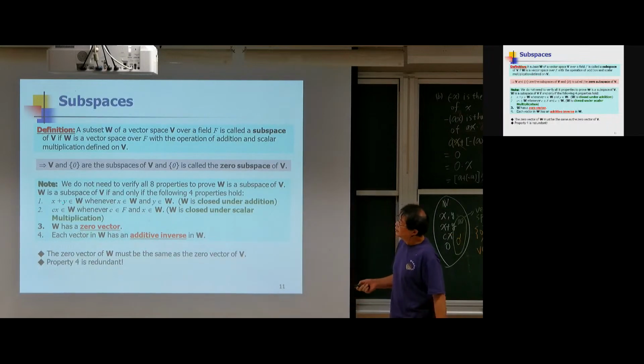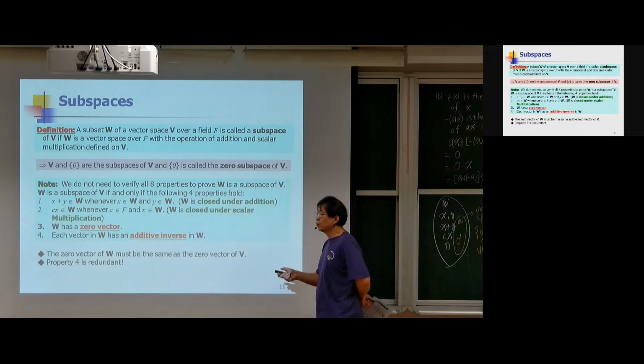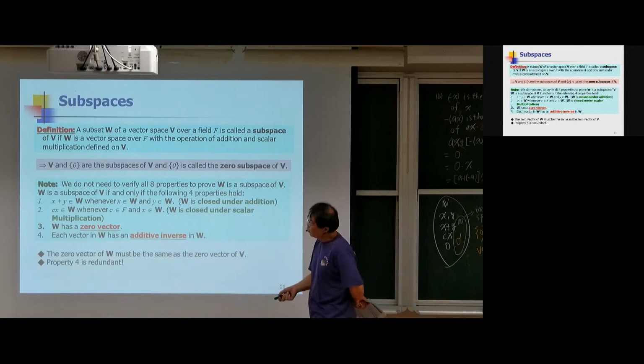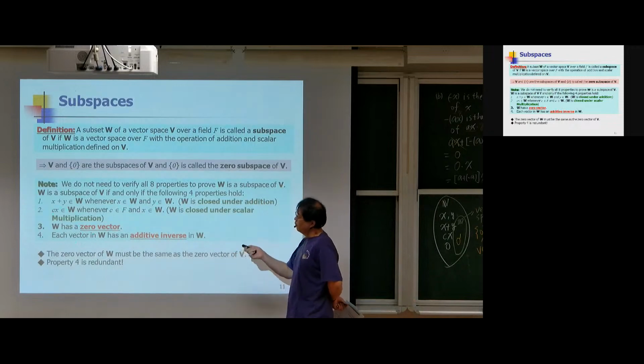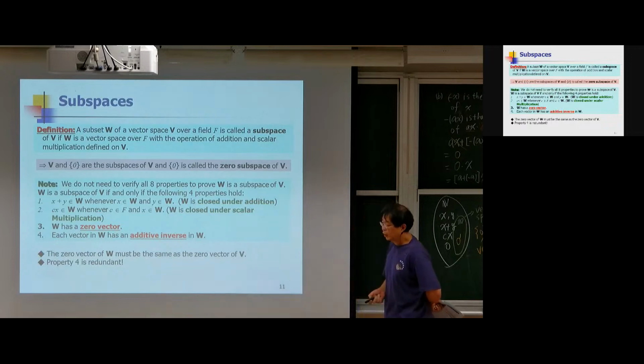The first one is that if X belongs to W and Y belongs to W, then X plus Y belongs to W. That is the closure property under addition. The second one is that if X belongs to W and C is a scalar in the field, then the scalar multiplication CX is also in W. So this is the closure property of scalar multiplication.